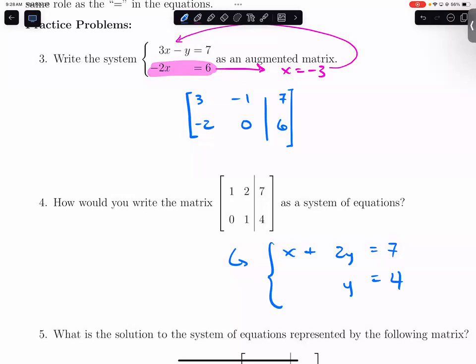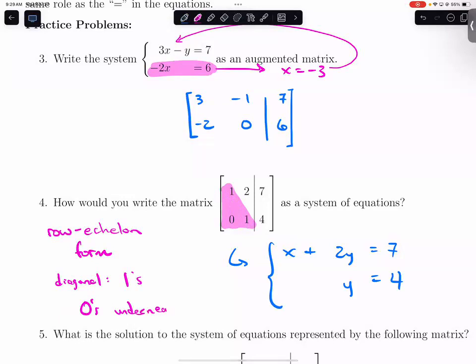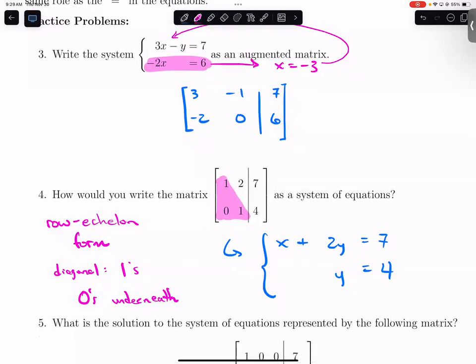This sort of shape here, this lower triangle with ones down the diagonal and 0 underneath, is called row echelon form. The main diagonal is the one that starts in the top corner in the first entry and goes down from there. So ones all along that diagonal and zeros underneath.